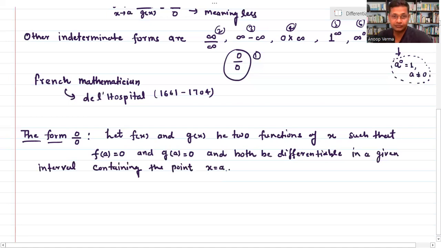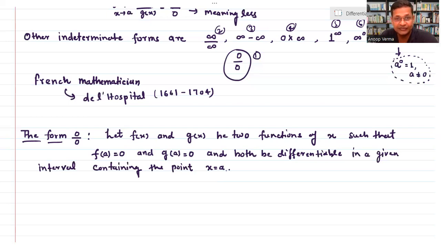So if they are differentiable in the interval containing the point a, and at the point a their value is 0, it means we will get a 0 upon 0 form.